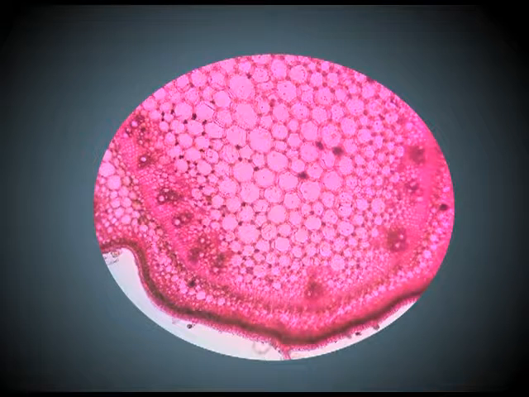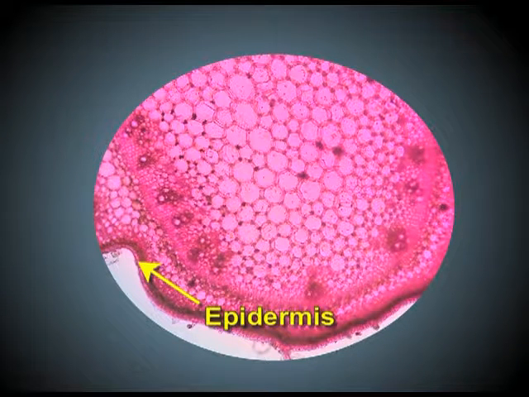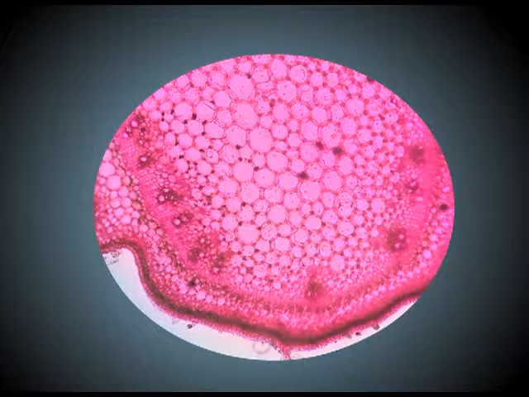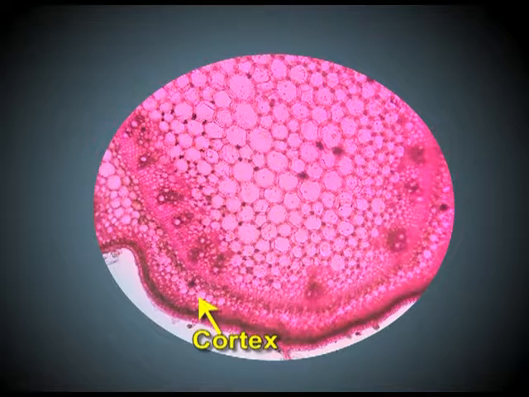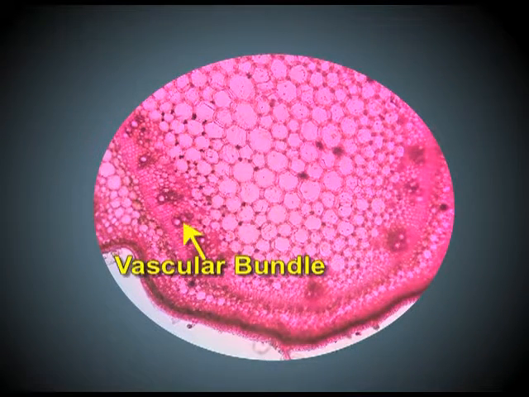You can find that the section is circular in outline and there is a thin walled epidermal layer, and next to the epidermis we find the hypodermis, and next to the hypodermis is the cortex, and then there is a ring of vascular bundles. Internal to the ring of vascular bundles there is a pith.